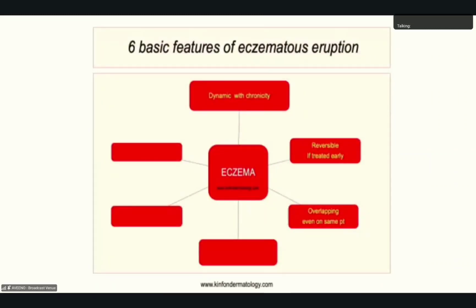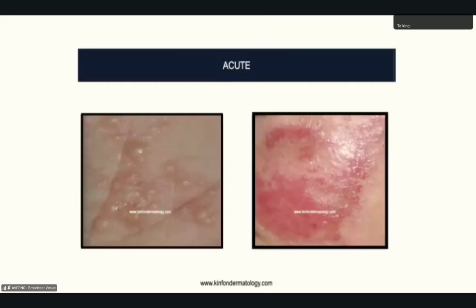Next, we have the fourth feature. The fourth feature is surface changes. In contrast to another itchy condition, which is urticaria, in both urticaria and eczema, they are very itchy. But in urticaria, the pathology is not in the epidermis, but in the dermis, and angioedema in the subcutaneous fat.